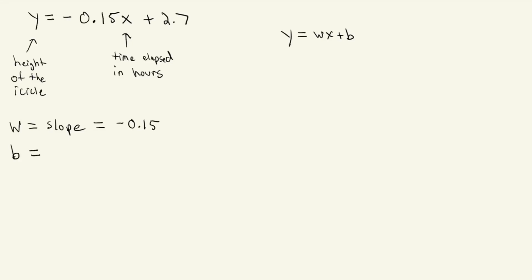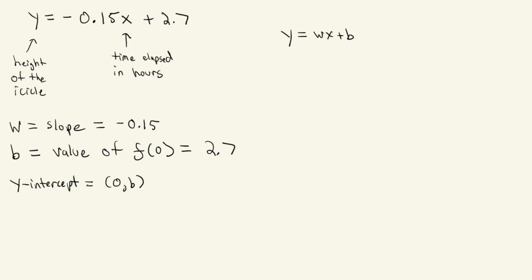And b is, again, the value of the function at 0, which, if we plug in 0 into x here, this cancels out, and you're left with y is equal to 2.7. So b is equal to 2.7. And the y-intercept is the point (0, b). So that one's easy. It's just (0, 2.7).